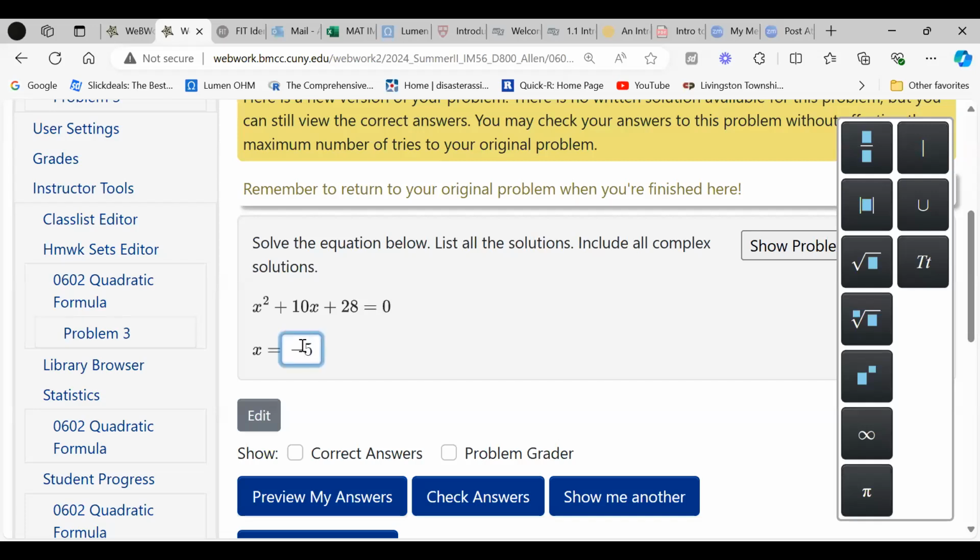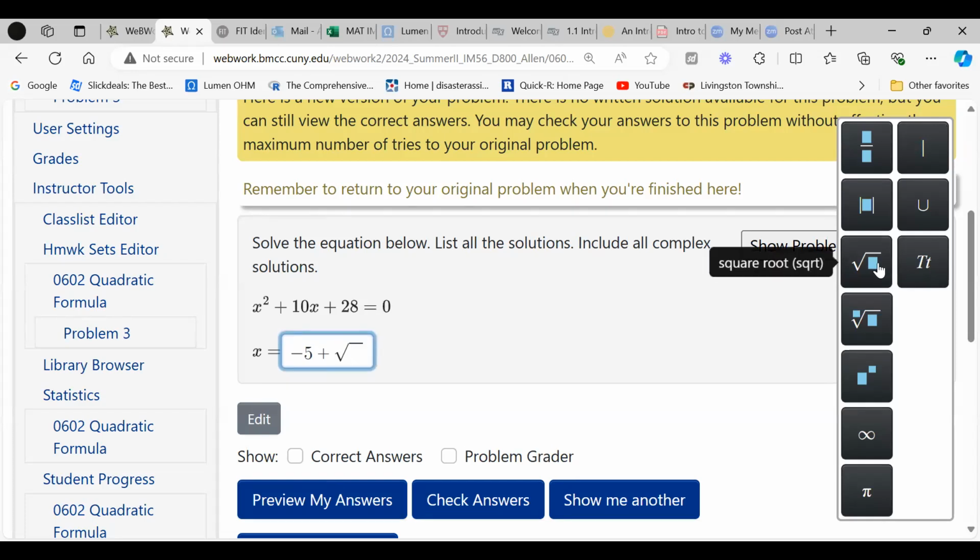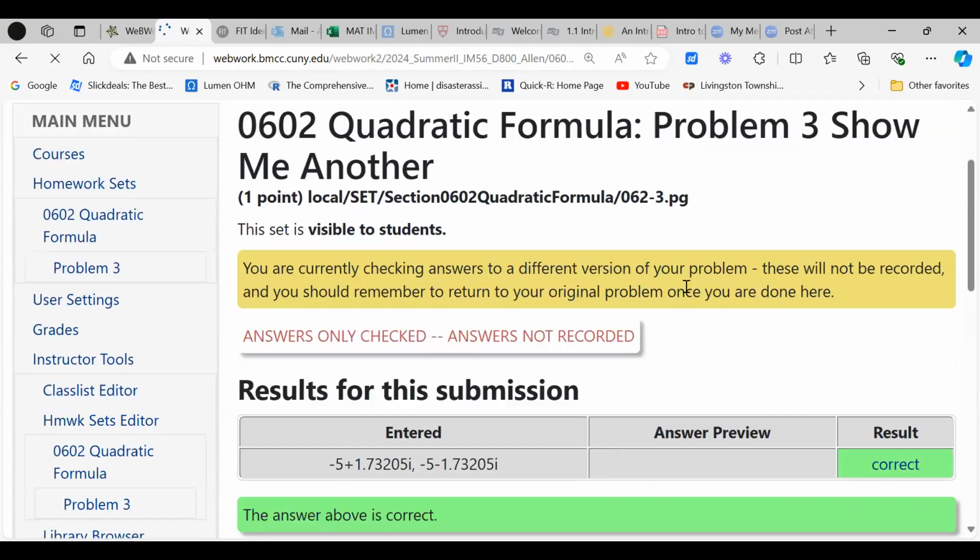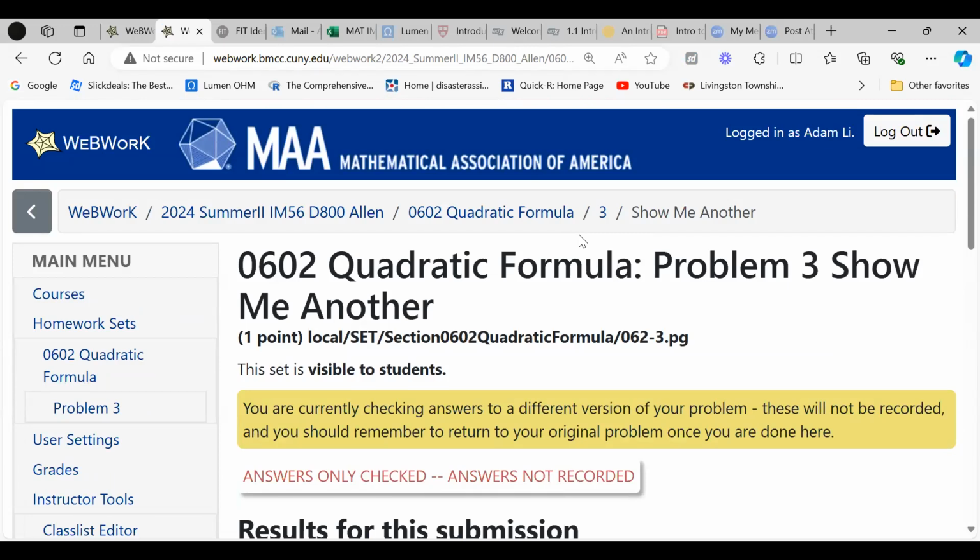Minus 5 adding radical 3i. And the second one is minus 5 subtracting radical 3i. Okay, that should do it. Yep, it does.